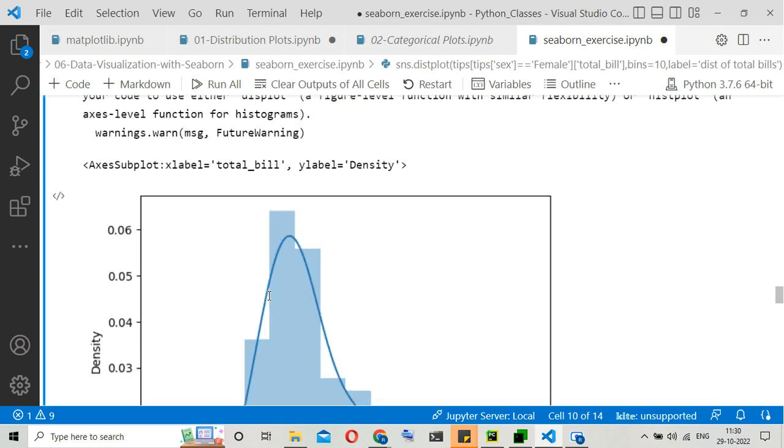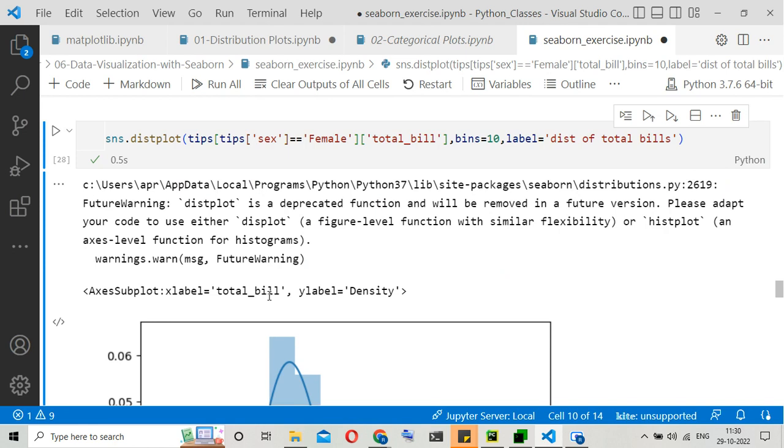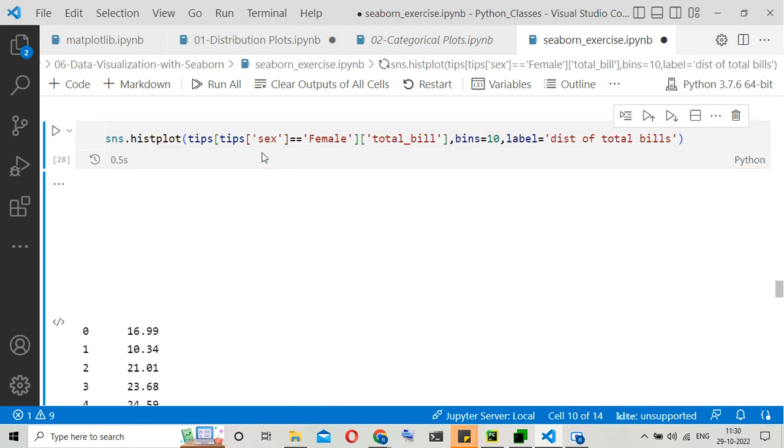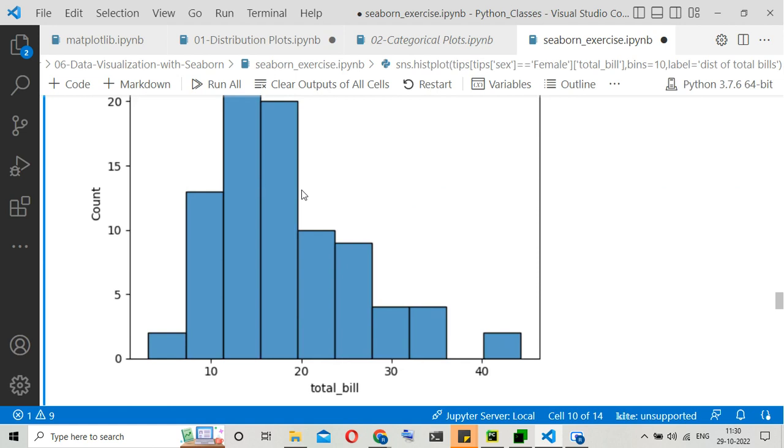Okay. Is it coming somewhere? No. Why? They are saying dist plot is based on the dist function, don't use it. Yeah, they are actually saying that.